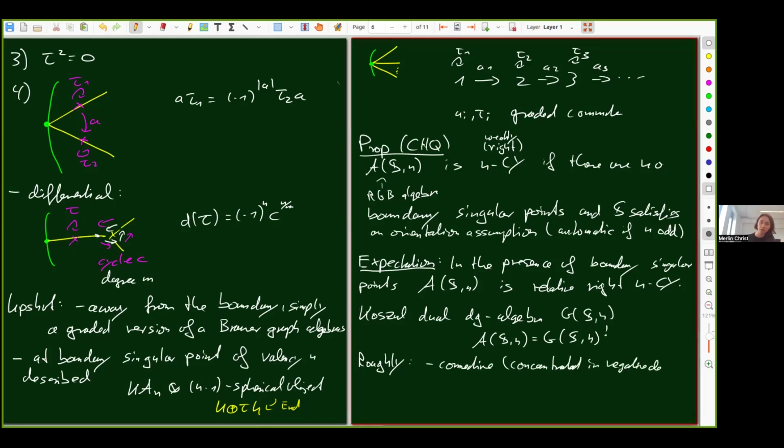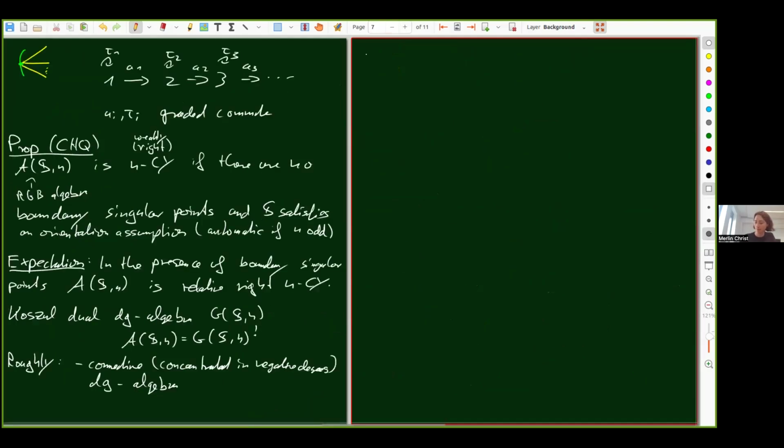Similar to the RGB algebra, you can think of it as having a description at boundary vertices and a description in the internal part.